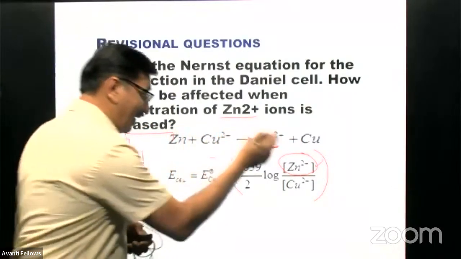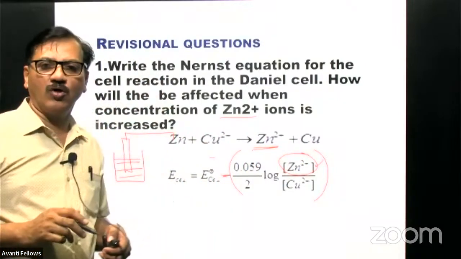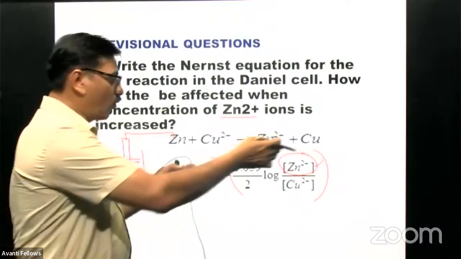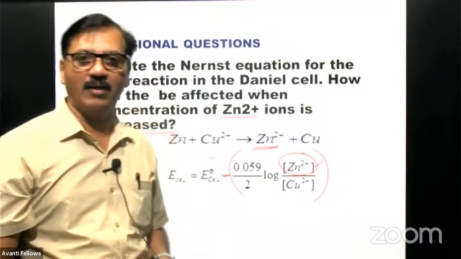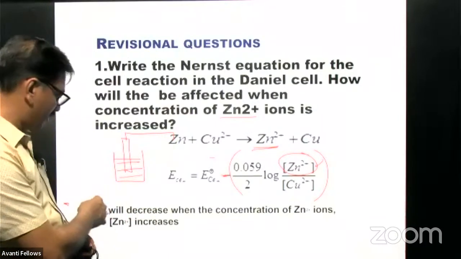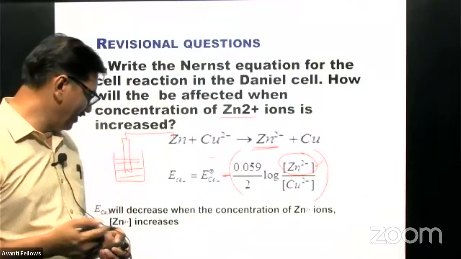So if you increase the zinc 2 plus ion concentration, E of the cell value decreases, because from E0 you are going to subtract the larger amount, right? This is how you have to understand. E of the cell will decrease when the concentration of zinc ion is increased.